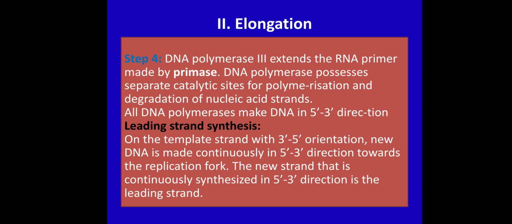And leading strand synthesis: on the template strand with 3' to 5' orientation, new DNA is made continuously in the 5' to 3' direction towards the replication fork. The new strand that is continuously synthesized in the 5' to 3' direction is the leading strand.